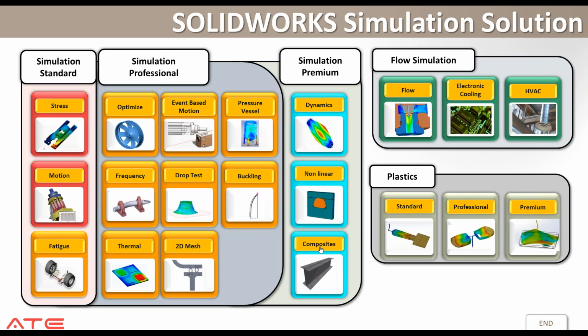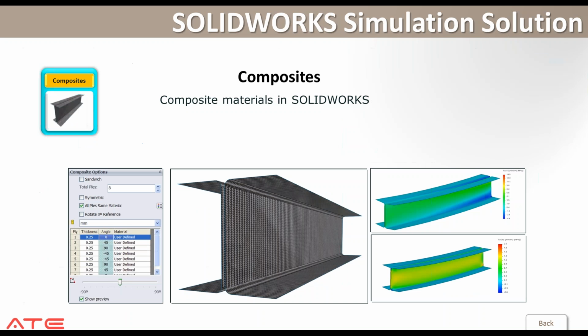The composites here are not calculated based on structures, but based on the number of plies and the ply arrangement and orientations in the composite material. Taking this I-beam as an example, it consists of 8 plies, and each ply has a certain thickness and a certain orientation in degrees. Of course, different materials can be assigned across different plies as well.